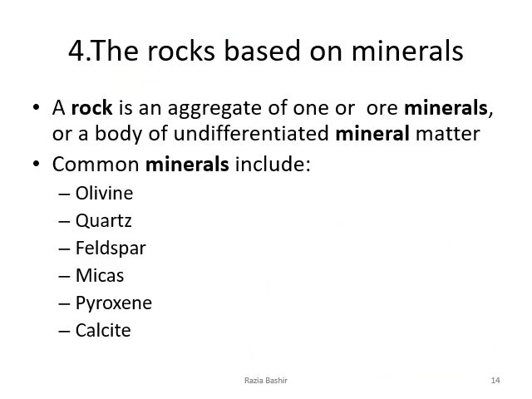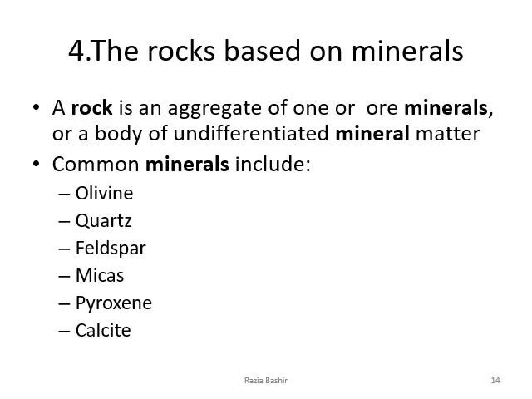Rocks are identified based on their mineral composition. While rocks consist of aggregates of minerals, minerals by themselves are made up of a number of chemical elements with a definite chemical composition. Minerals cannot be broken down into smaller units with different chemical compositions in the way that rocks can.